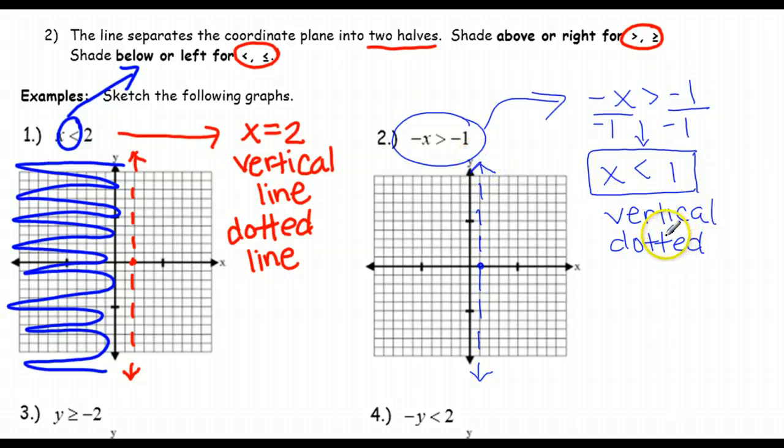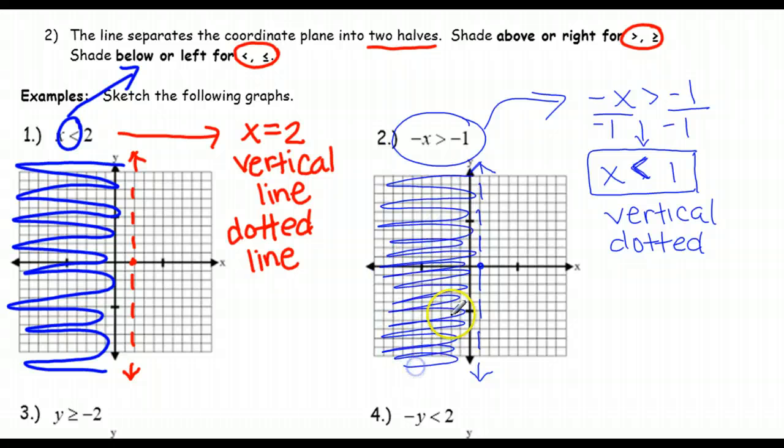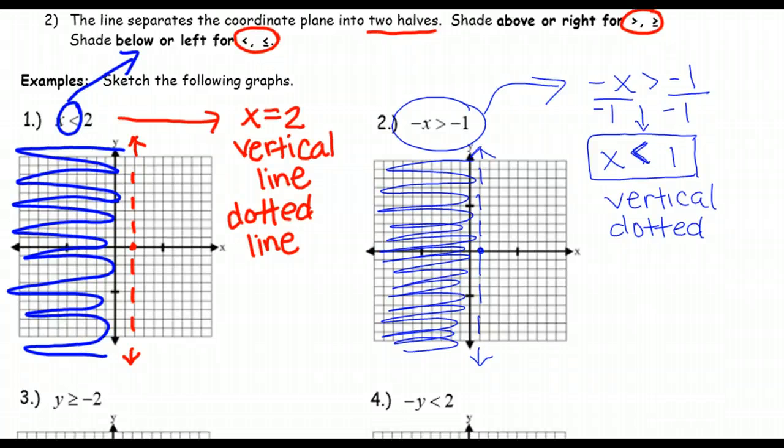Now, we want to shade all values that are less than 1, less than our values to the left. So we're going to shade everything over here to the left. So again, any ordered pair that falls in that region would be a solution to our inequality.